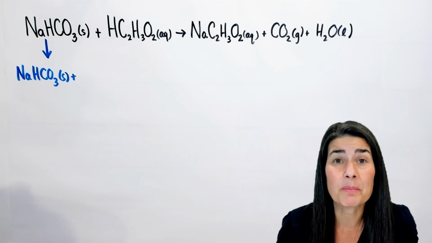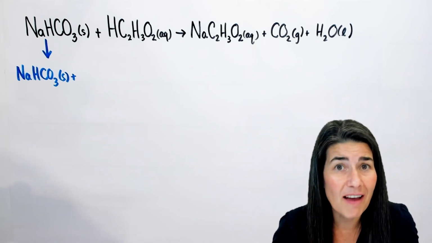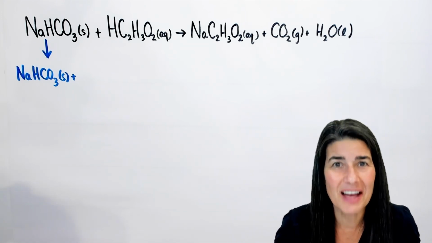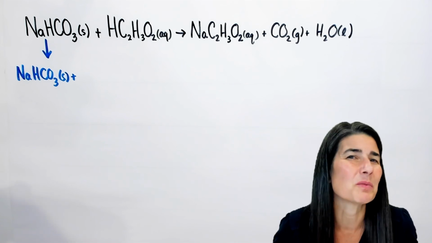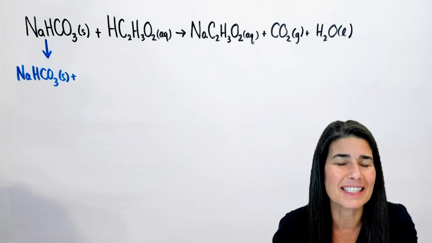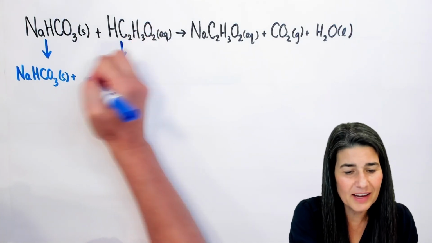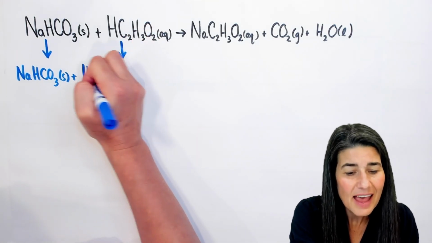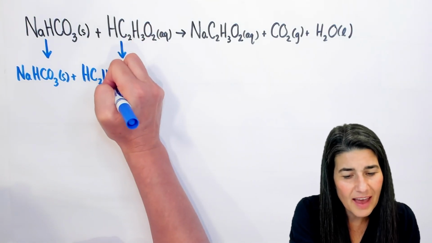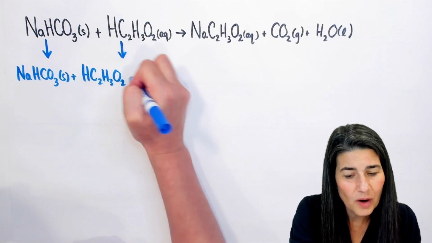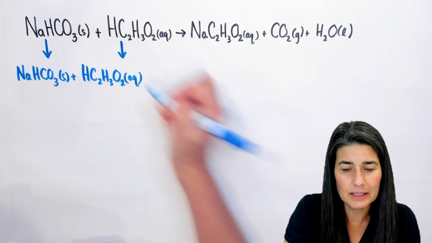So we want to represent it that way. Do not split acetic acid up. A lot of your problems will have acetic acid in it. Don't split it. So we're just going to rewrite our acetic acid as HC2H3O2 in its aqueous state.